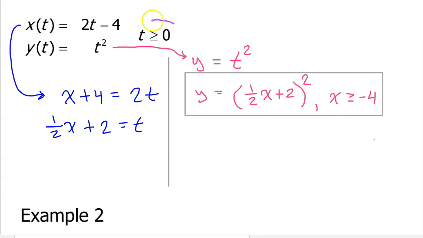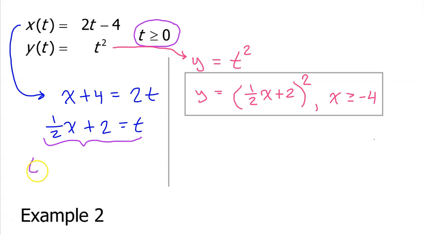Let's start with this restriction for t. T is greater than or equal to 0. We came up with this expression for t in terms of x. So if we know that t has to be greater than or equal to 0, that means that 1/2 x plus 2 must be greater than or equal to 0.